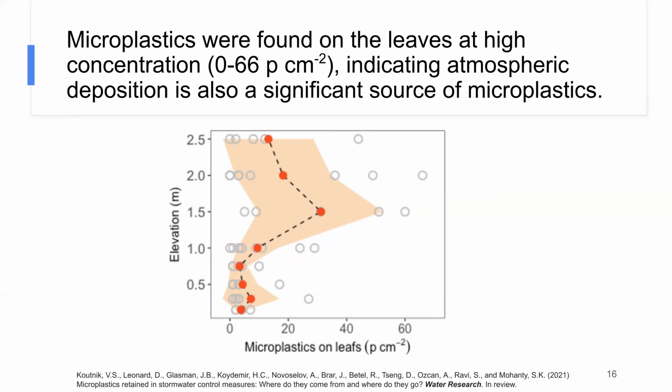And because stormwater is not the reason why they ended up there, it means the microplastics are there because of wind. So these treatment systems are receiving microplastic not just in stormwater; they are also receiving it from above the ground, carried by winds.